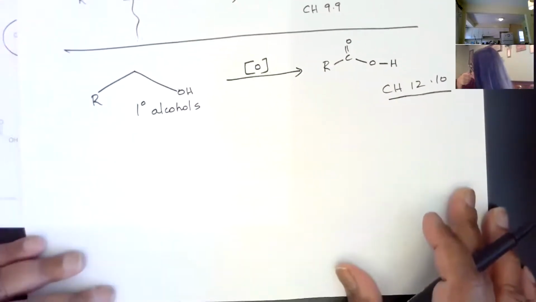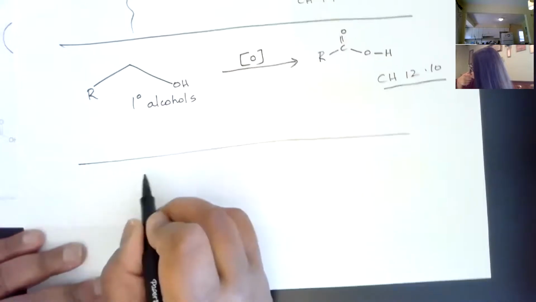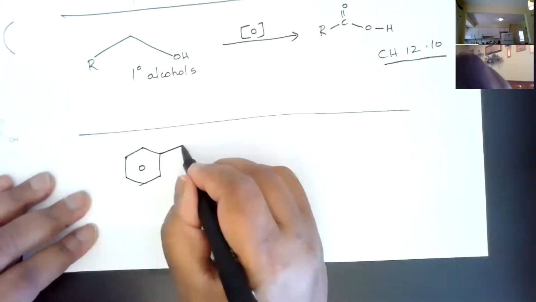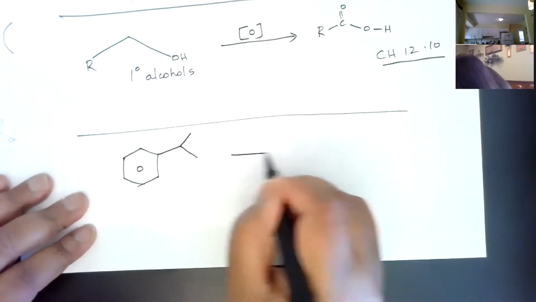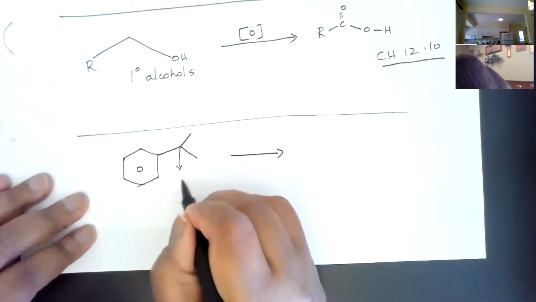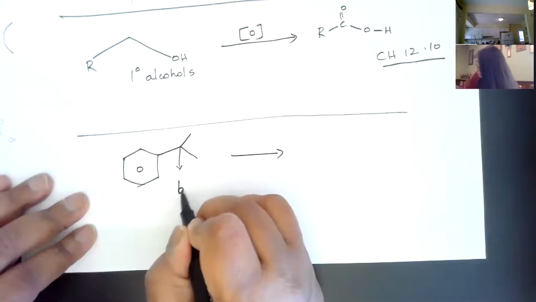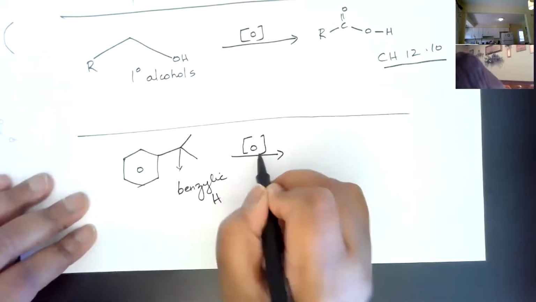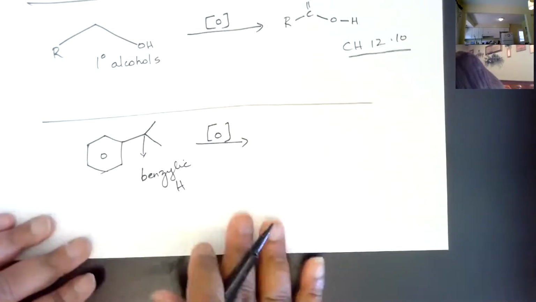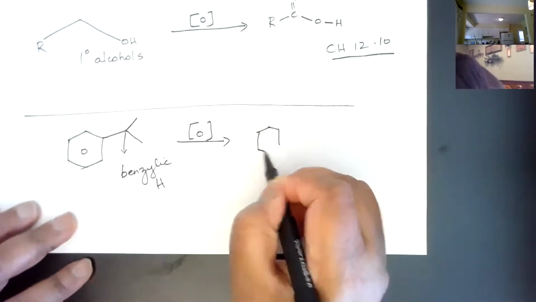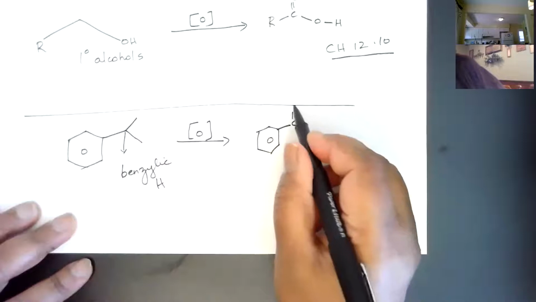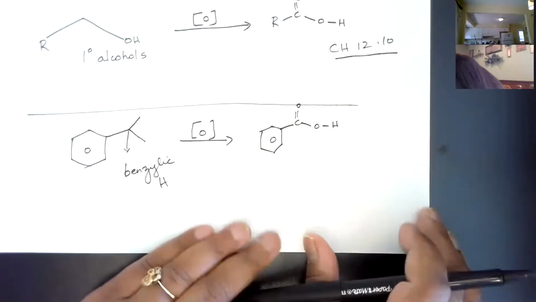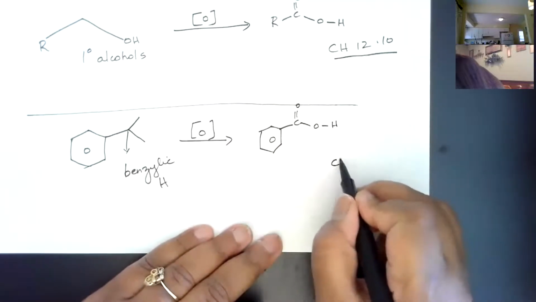And then more recently, we saw, okay, if you have a benzylic hydrogen, oxidation will take out all of the attachments but leave a carbon, which is a carboxylic carbon.